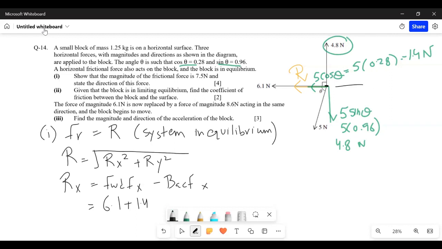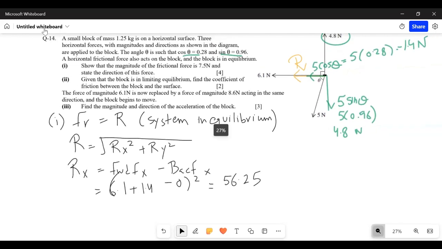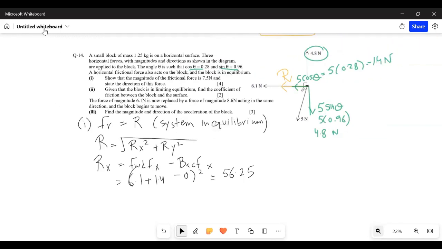So it's going to be minus 0 whole square, which gives 6.1 plus 1.4 squared is 56.25. This is the Rx. Check.